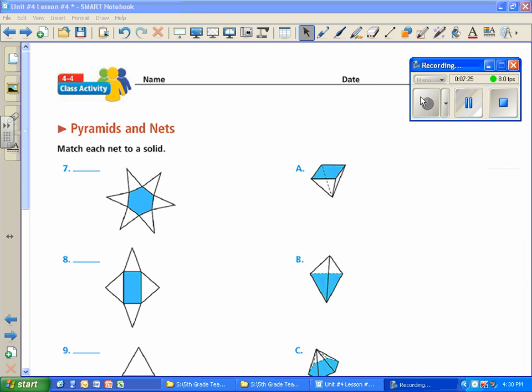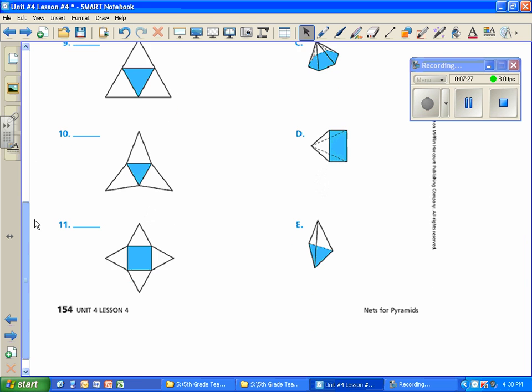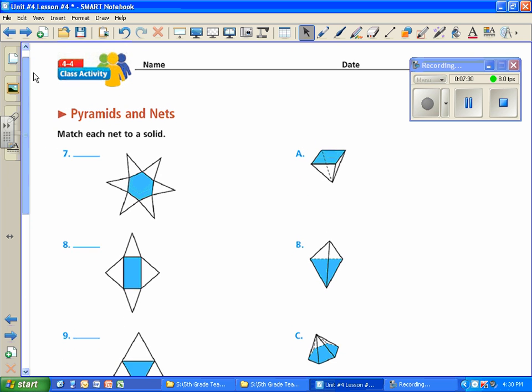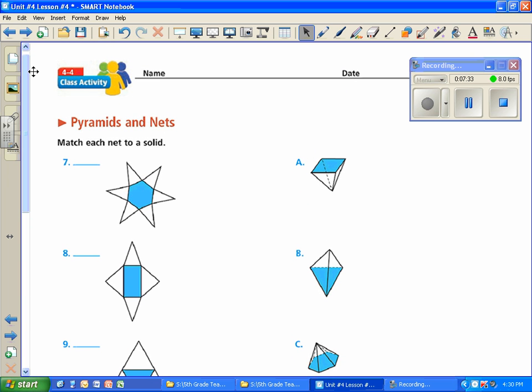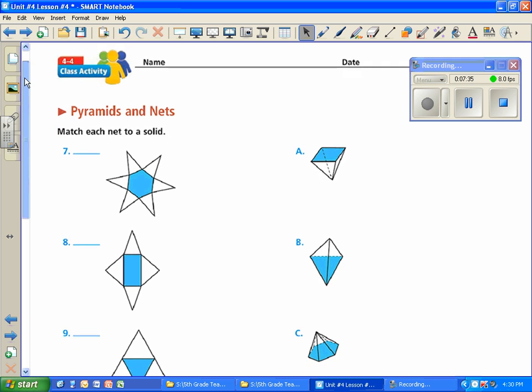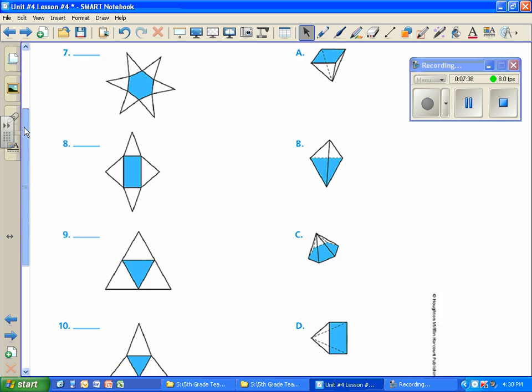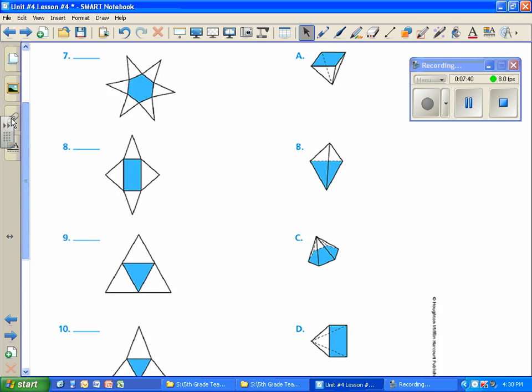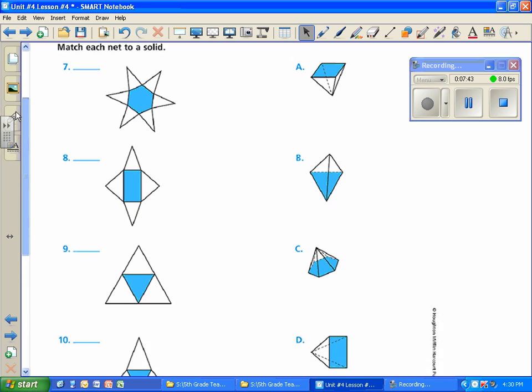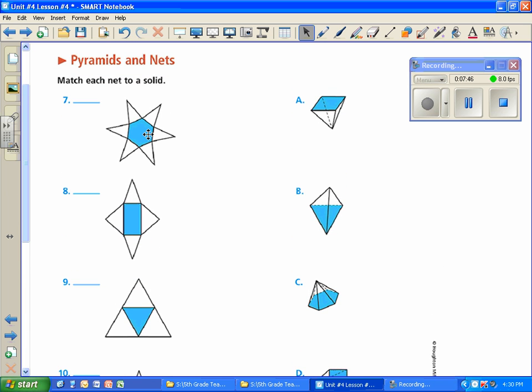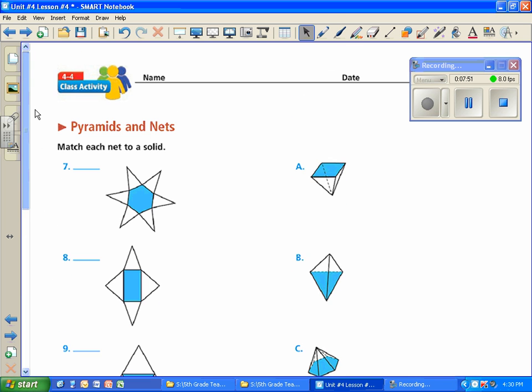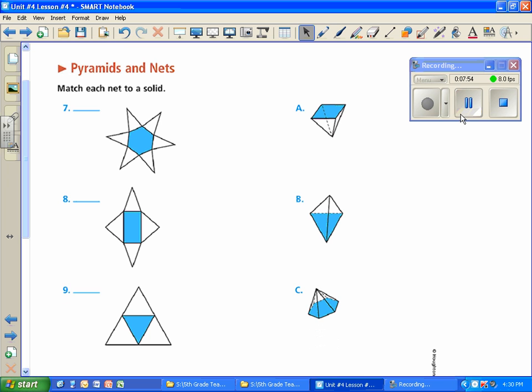All right, if you would, let's look at page 154 in your textbook. Now it wants us to match each net to a solid figure. So looking at 7, 8, 9, 10, and 11, and then matching them up with A through E. It's showing us the base in blue. Again, notice that all of the faces are triangles. That's what defines it as a pyramid. So, just like before on a previous page, you have 1, 2, 3, 4, 5, 6.